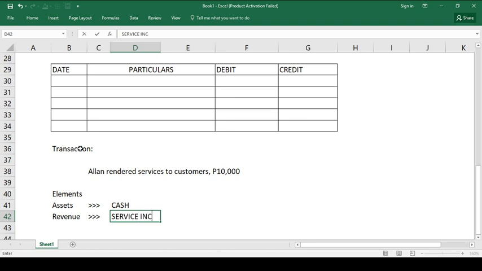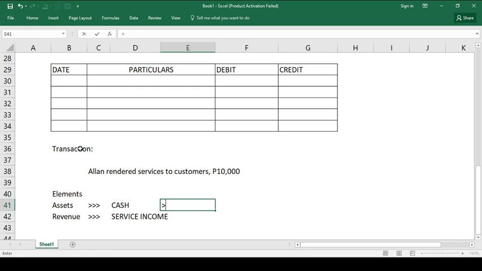So, that is an account title. So, you have already identified what elements and anong particular account title. In this case, we have assets being affected, and revenue being affected. Under assets, the account title is cash, and under revenue, we have service revenue.